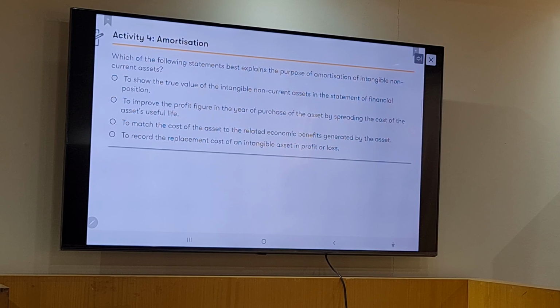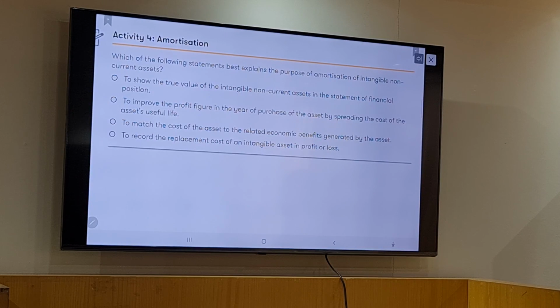Every time you gain the economic benefits, you need to match it. Now, in the previous example, we amortized over 3 years because during that period only we are going to generate good income. In the 4th year, a new competitor will come, we cannot generate any good income. So the answer is 3.